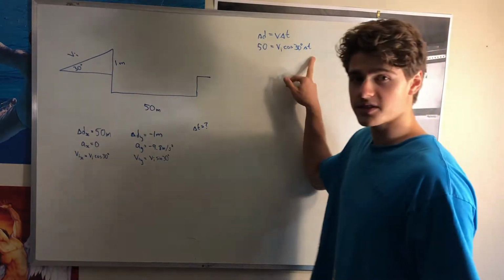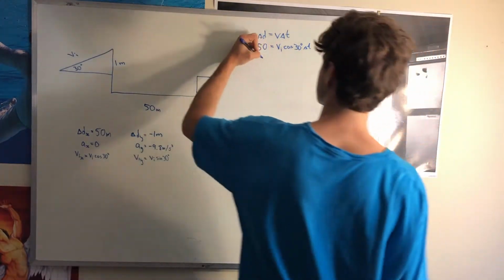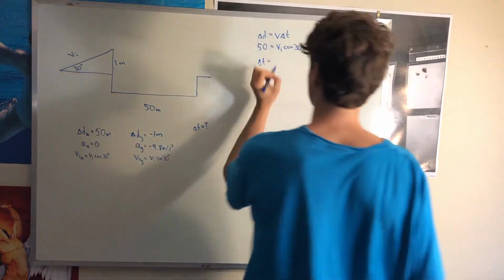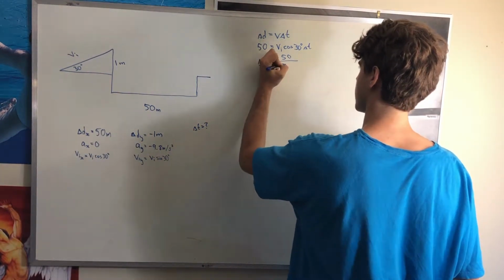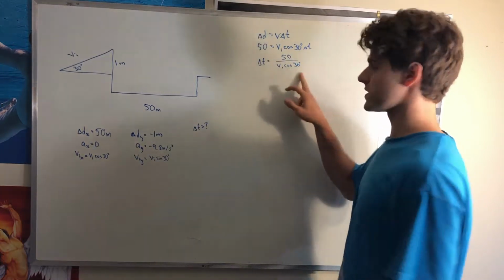Since we're isolating for t, I can divide both sides by VI cos 30. So t equals 50 over VI cos 30. Hopefully this was pretty clear.